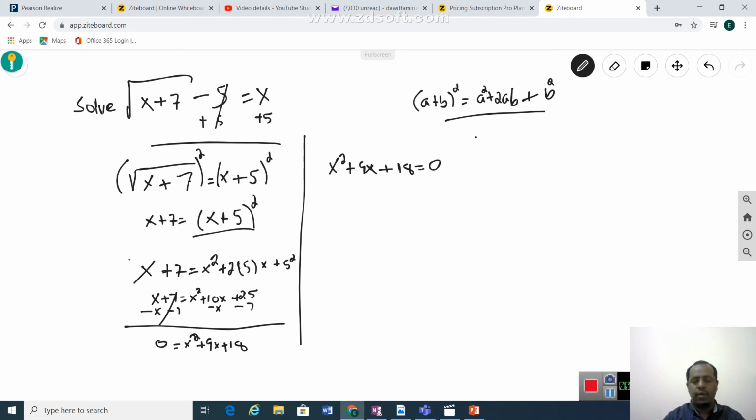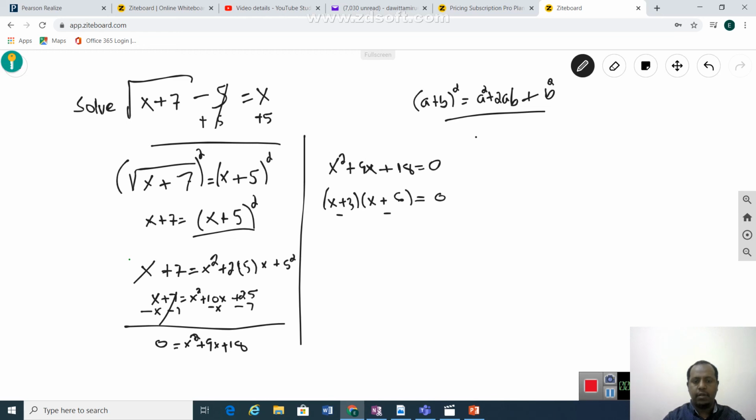Then I will solve this one. To solve this one, I will factor this quadratic expression. So when I factor it, I will get x plus 3 times x plus 6 is equal to 0. Then I will apply the zero product property.